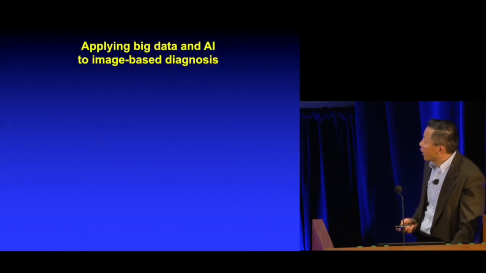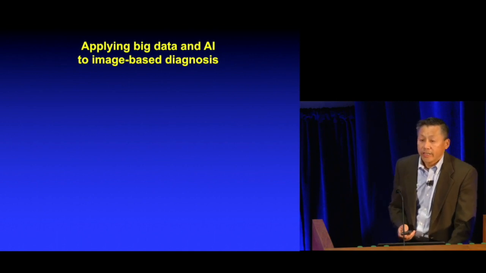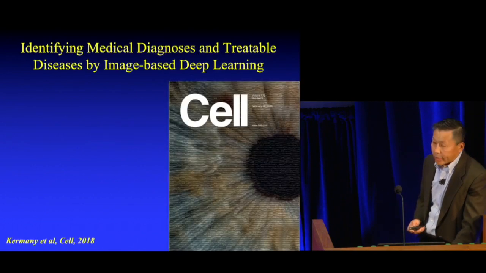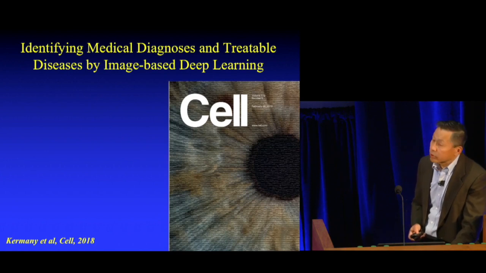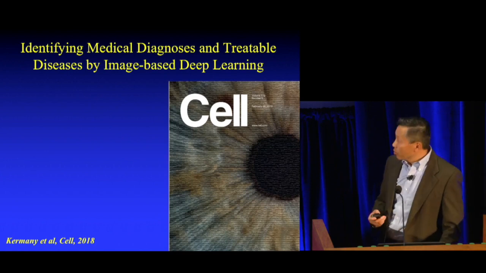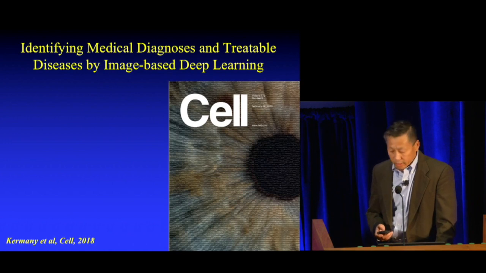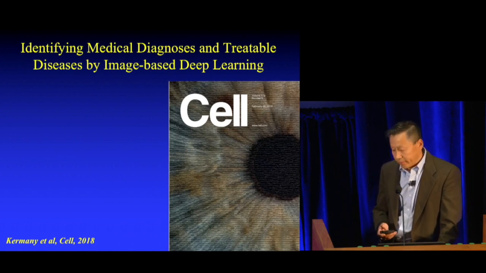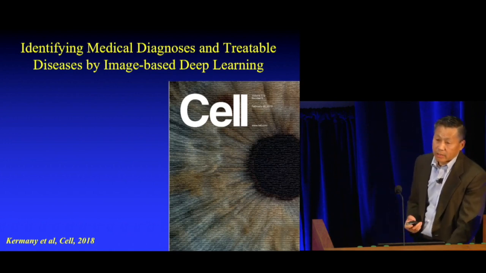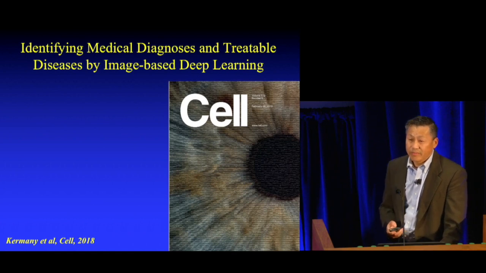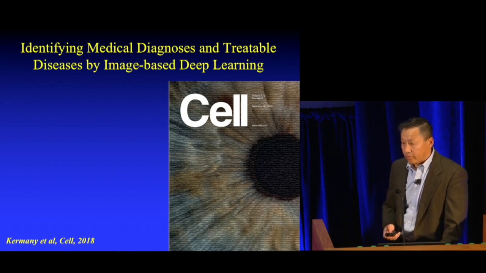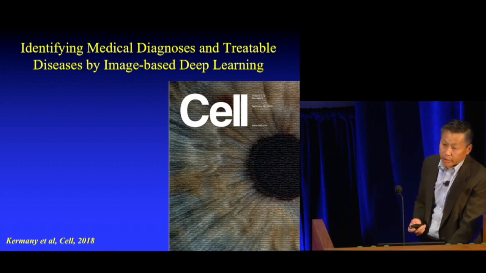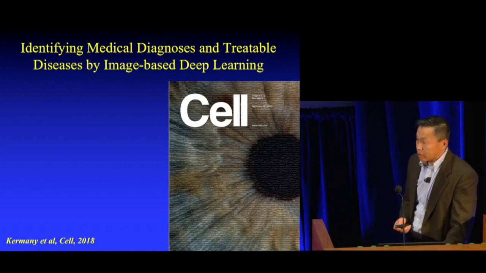I'll start with how to apply image data to AI diagnostic strategies. Since I'm a retinal specialist, one of the technologies I use a lot is called optical coherence tomography. This is an essential diagnostic, used 70 million times, probably one of the most commonly used ophthalmic diagnostic tools for diagnosing macular degeneration, diabetic retinopathy, and glaucoma.